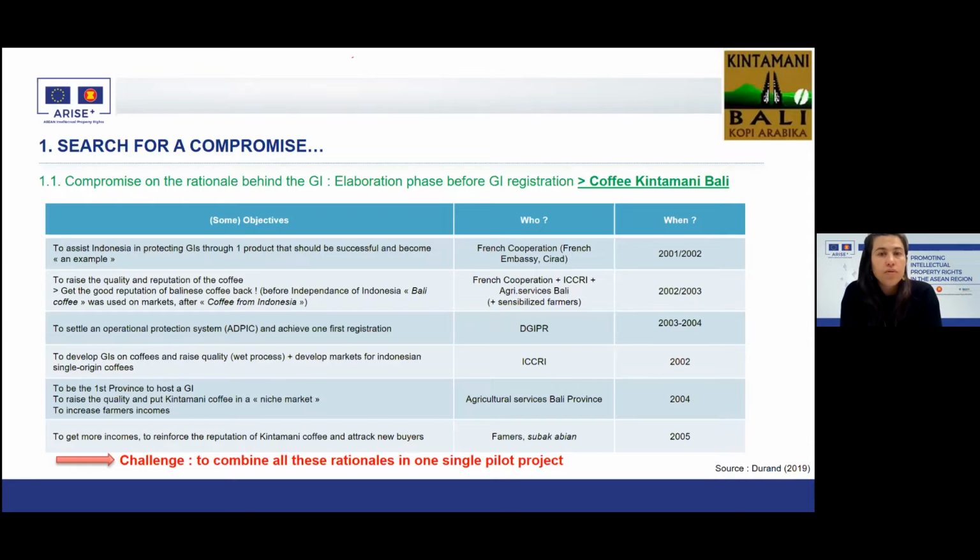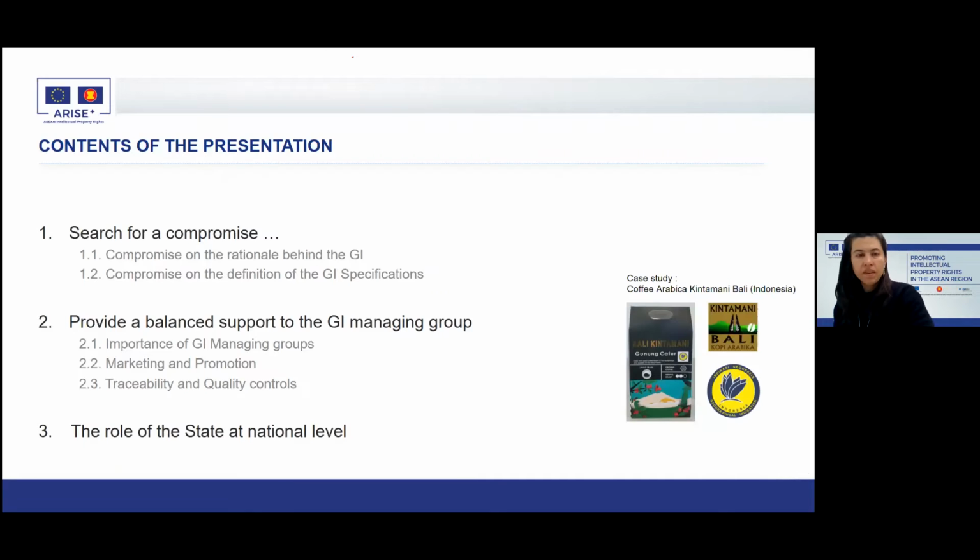So, and it took, of course, years to build a local collective action and kind of make these objectives to converge towards one project and one common strategy. Searching for a compromise will be also the key word for the definition of the GI specifications.